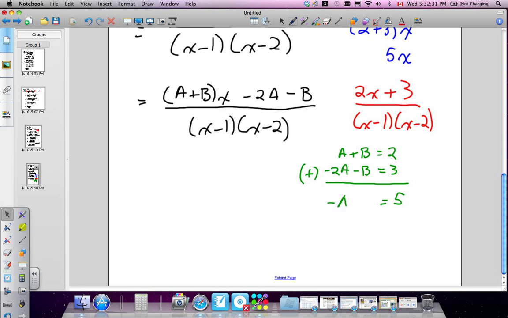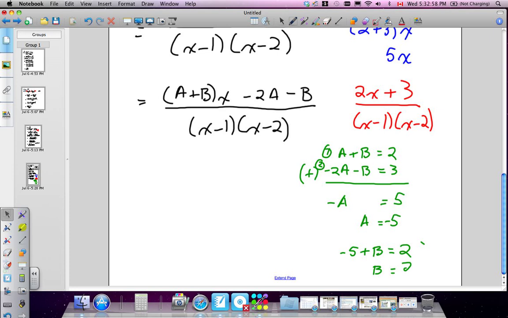And then when I plug negative 5 into an equation, let's say our original one, we call this equation 1 and this equation 2. A plus b equals 2. Well, my a is negative 5, plus b equals 2. If I bring negative 5 to the other side, I get b equals 2 plus 5. B equals 7.